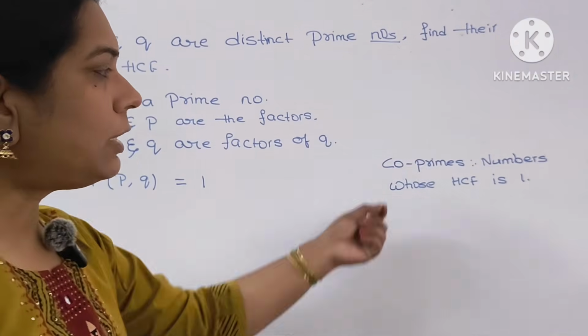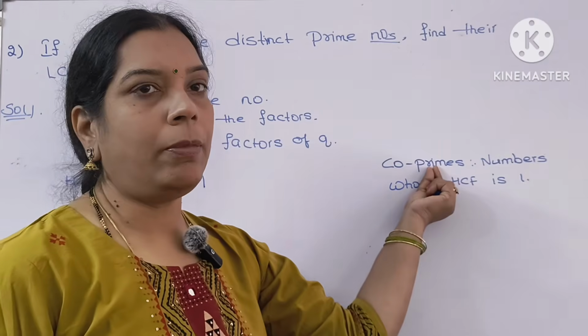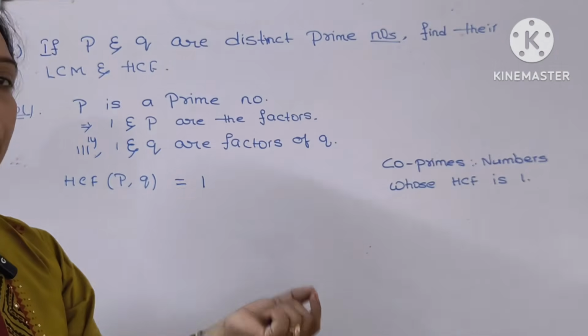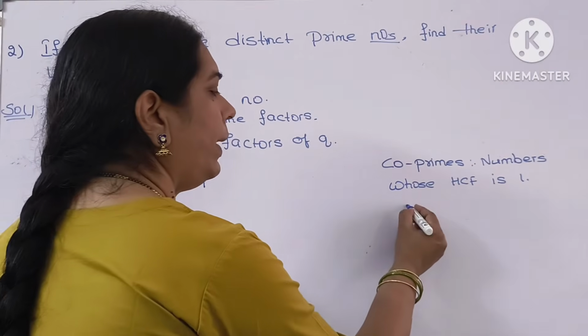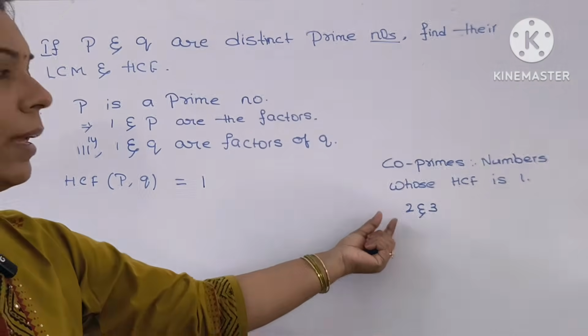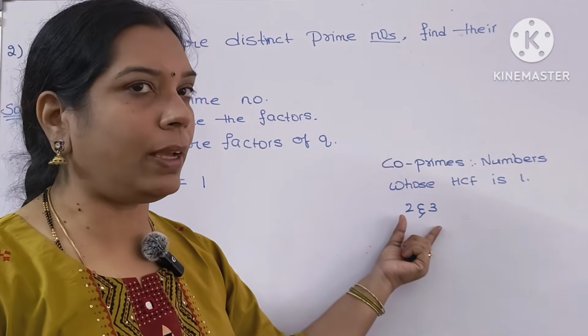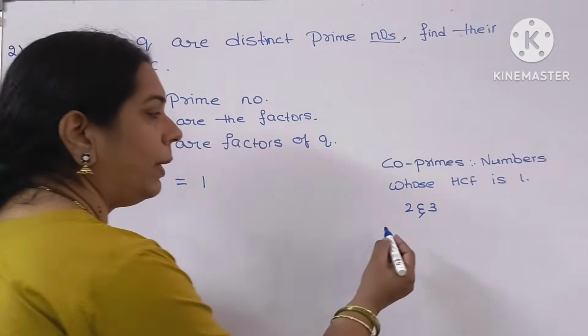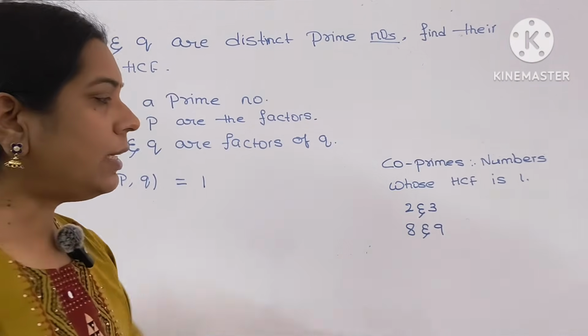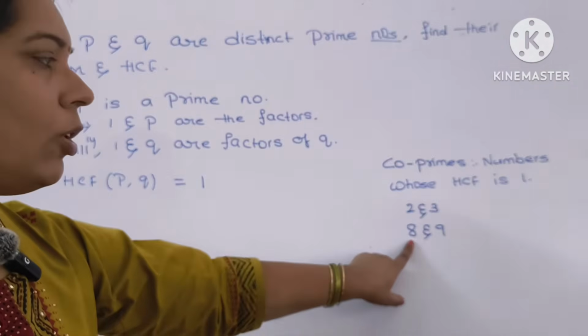Now, just because there is the word prime, it doesn't mean the co-primes always have to be prime numbers. Yes, 2 and 3, because they do not have any common factor other than 1, become co-primes. But take for example 8 and 9. Is 8 a prime number? No, it's a composite number.